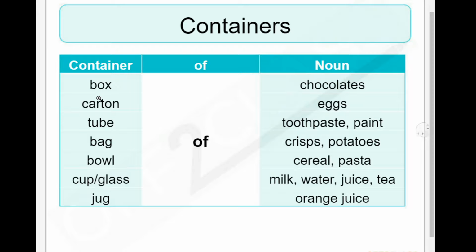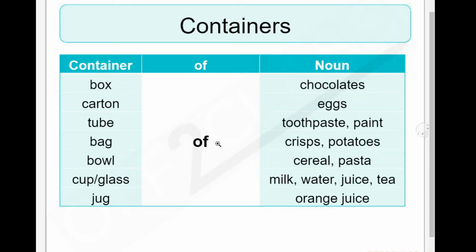So let's go over it again. Remember, I'm giving you time so you can repeat it. Please repeat with me. A box of chocolates. A carton of eggs. A tube of toothpaste or paint.